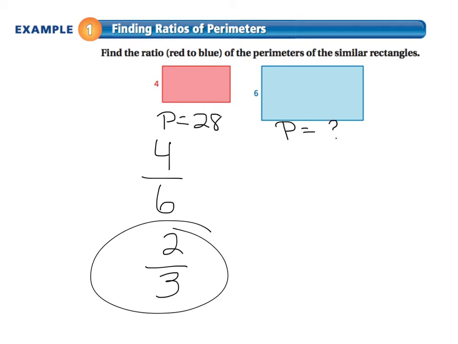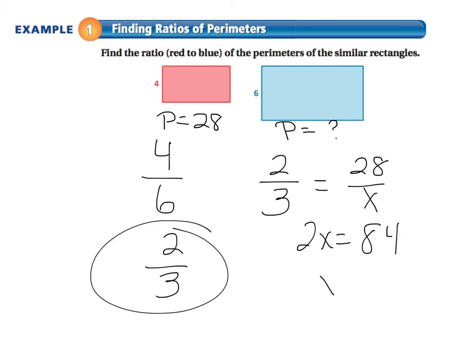Find the perimeter of the big blue rectangle. Well, you would do this. 2/3 is the ratio of the side lengths. Equals 28 over x. They're equal, so I can set them equal to each other. So I would get 2x equals 28 multiplied by 3, which gives us 2x equals 84, which gives me x equals 42. So the perimeter of the blue rectangle would be 42.